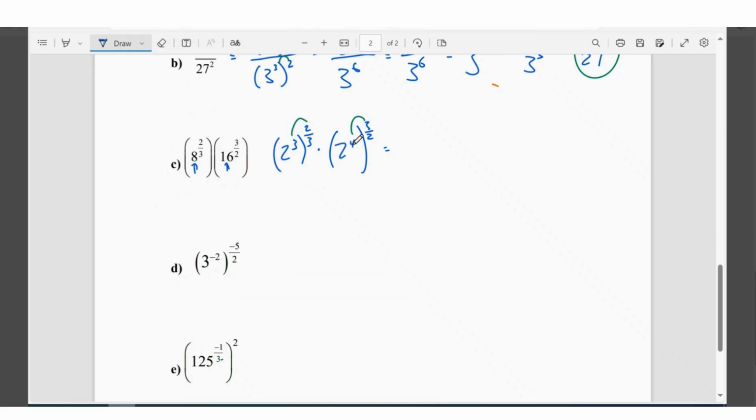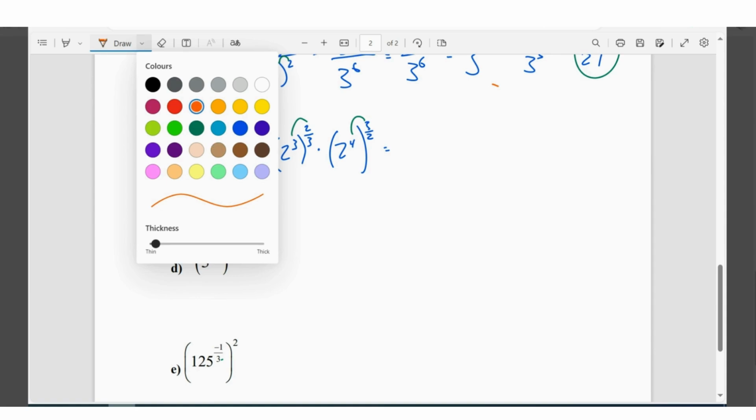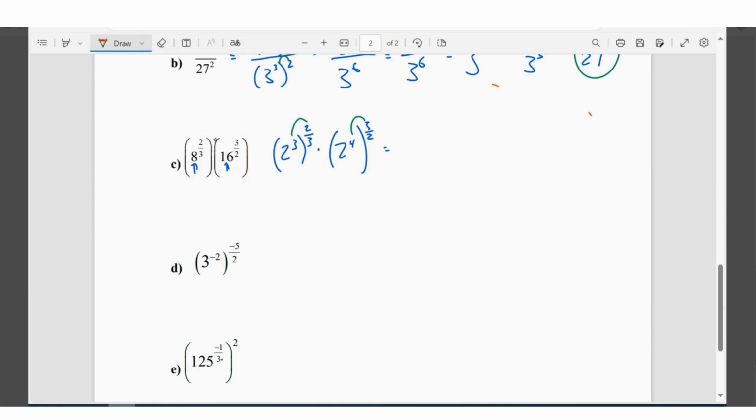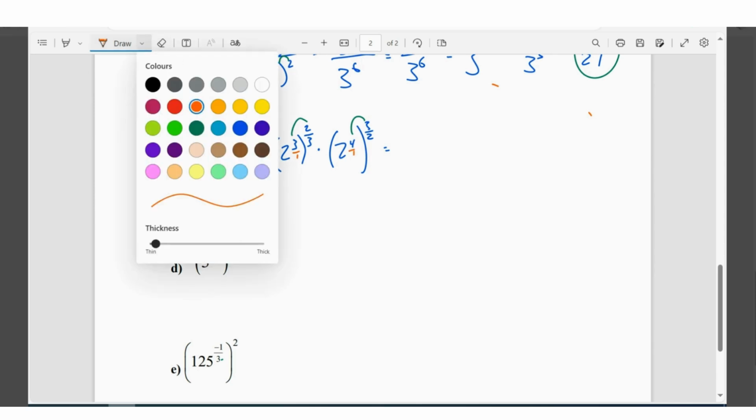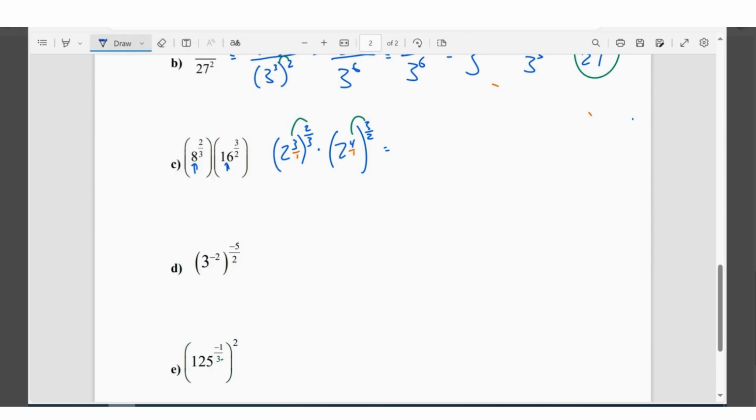But anyways, I think I was saying that this makes it easier for you to solve without a calculator. And now we can distribute inside. And what I did show you before is that there's a little 1 over each of these, and we can multiply inside. We get 2 to the power of 3 times 2 is 6 on the top, over 1 times 3 is 3, times 2 to the power 4 times 3 is 12, over 1 times 2 is 2.